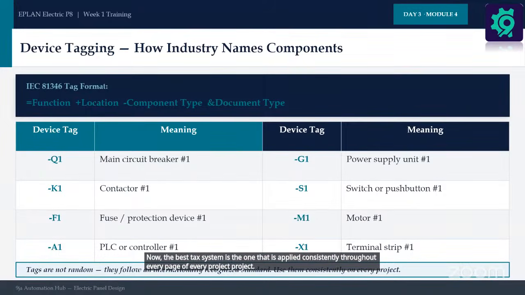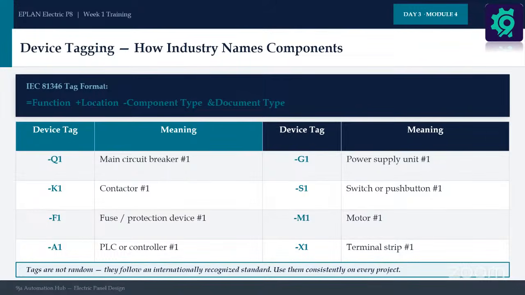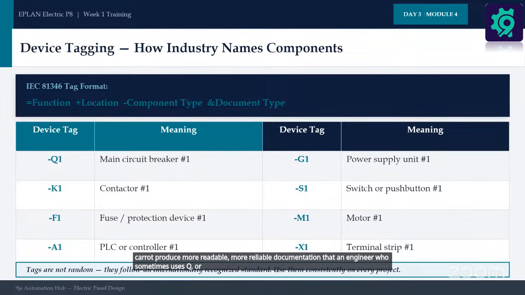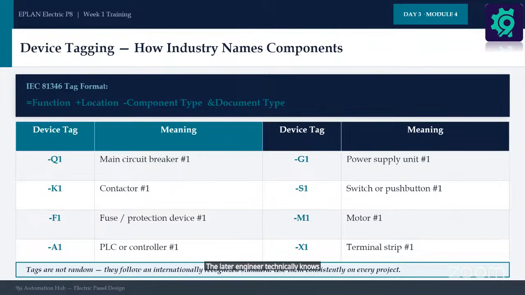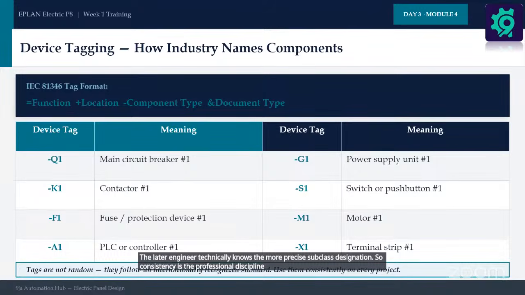An engineer who uses Q for circuit breaker consistently throughout the entire career will produce more readable, more reliable documentation than an engineer who sometimes uses Q, or sometimes QF, or sometimes QA, even if the latter engineer technically knows the more precise subclass designation. So consistency is the professional discipline. Learn the standard thoroughly, then you can always apply it consistently every time without exception.